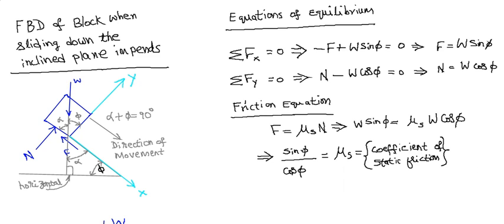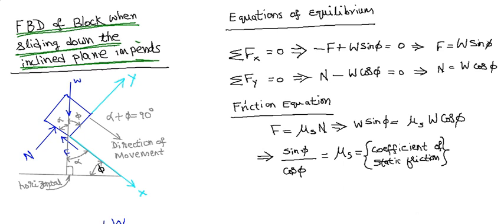We will try to draw the FBD of the block in one particular situation. We need to put the heading very clearly here: FBD, free body diagram, of the block in one particular situation, that is when sliding down the inclined plane is impending. Again, pay careful attention to the word impend.